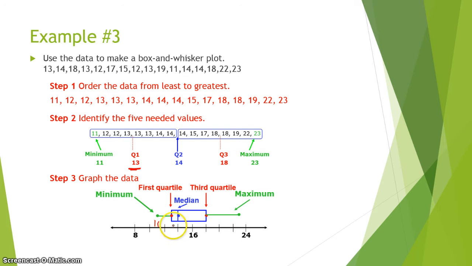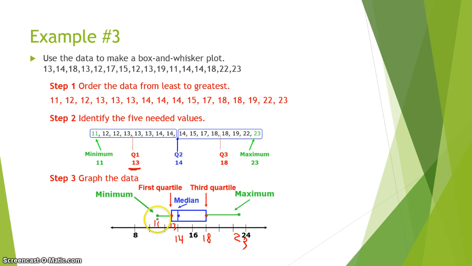Then we have our first quartile, our value is 13. So here's 13. Our median is 14 right here. Then we have our third quartile, which is 18, and our maximum value, which is 23.